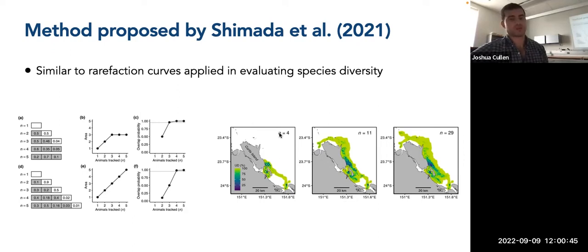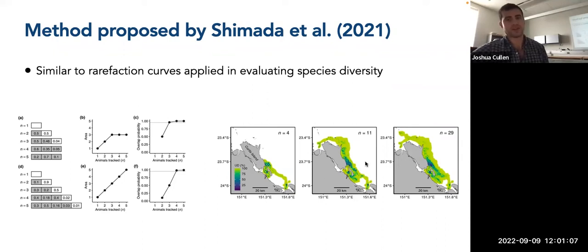So we have n equals 4, a sample size of 4 individuals in this plot on the left, showing one region that's being used by these different turtles, in this case, flatback turtles off of Australia. In the middle plot, sample size has been increased to 11, and we see this expansion northward of the total population utilization distribution.